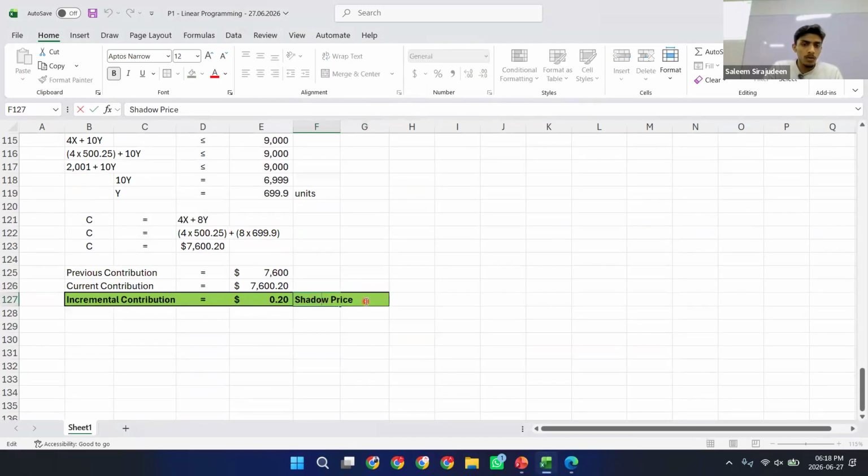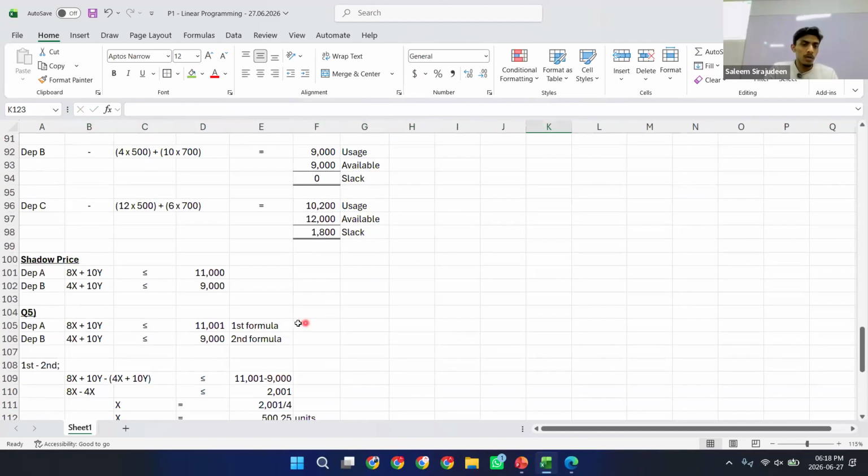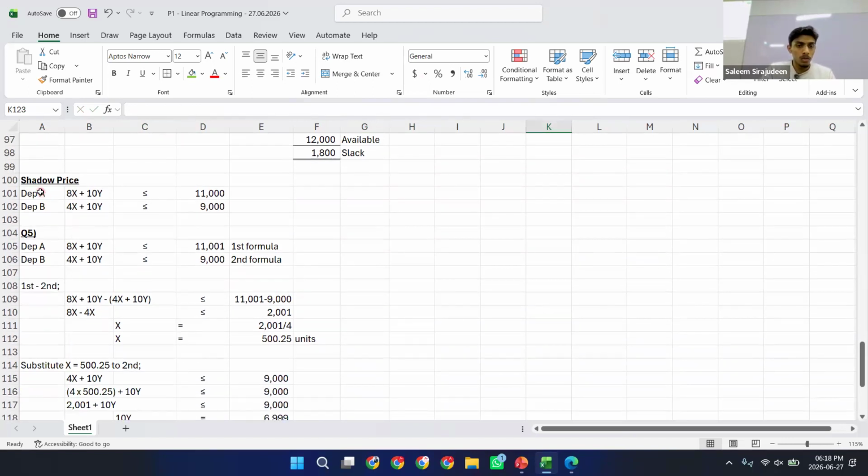So shadow price for department A we have calculated. Okay, right. Now shadow price for department B, right?